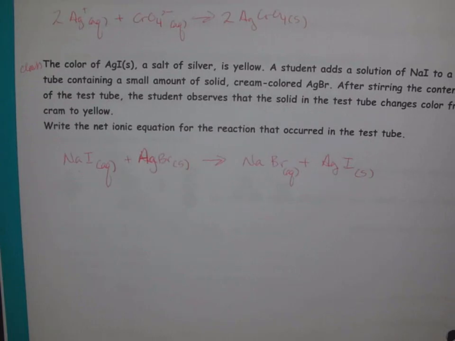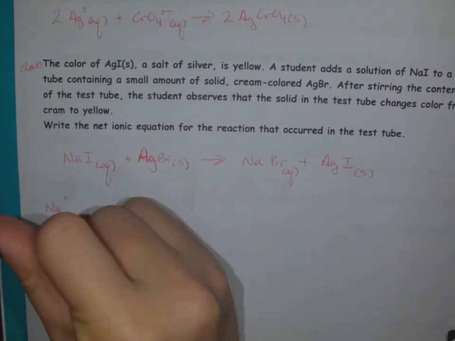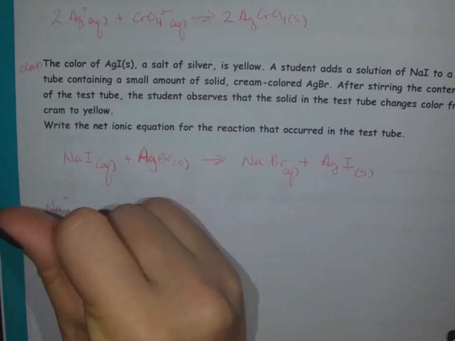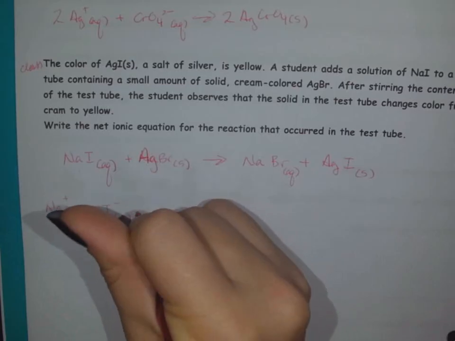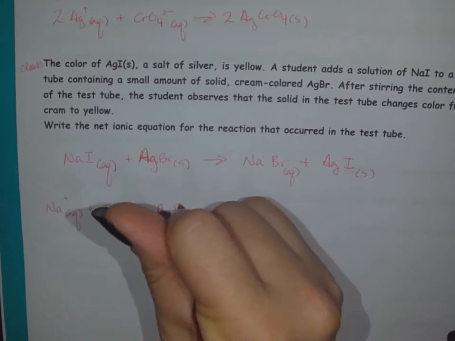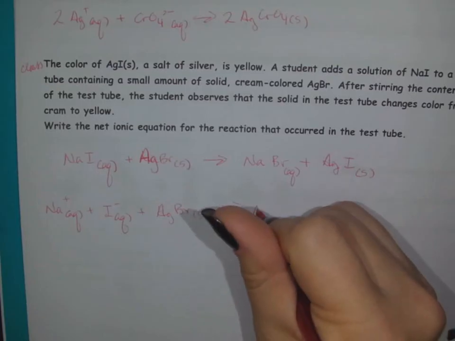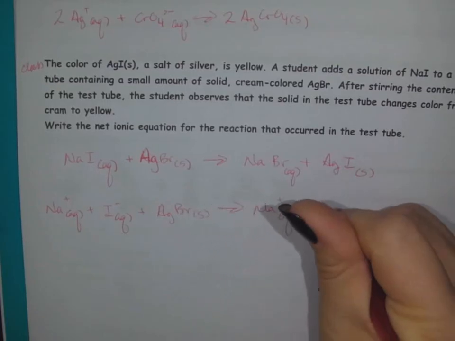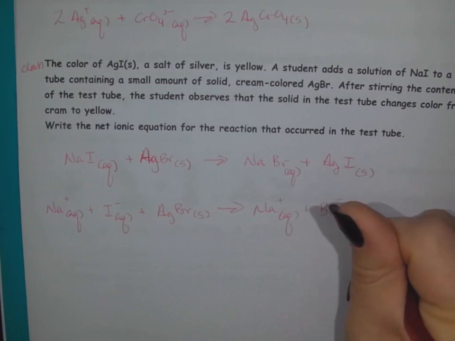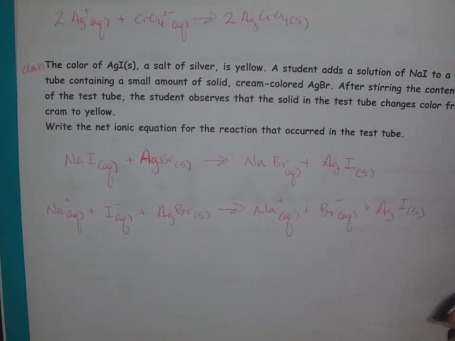Well, these aqueous ones we need to break apart. Like we have the sodium aqueous plus iodide aqueous plus silver bromide solid turns into sodium aqueous plus bromide aqueous plus silver iodide solid.